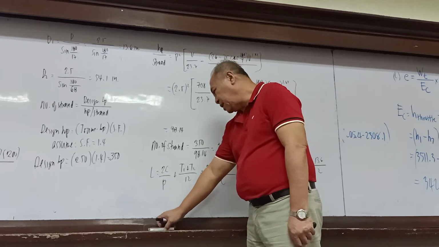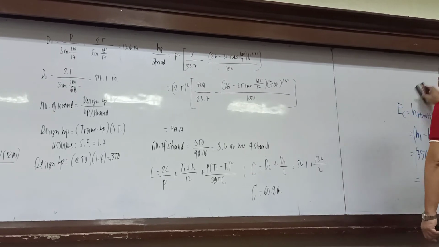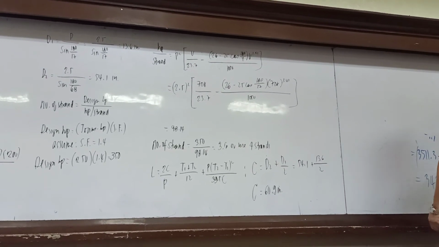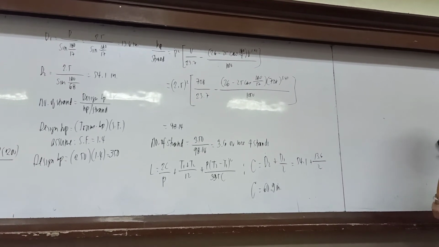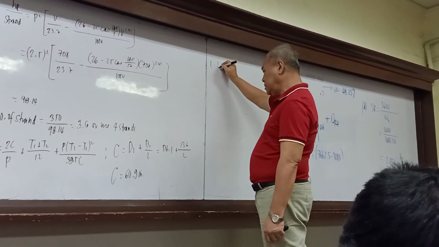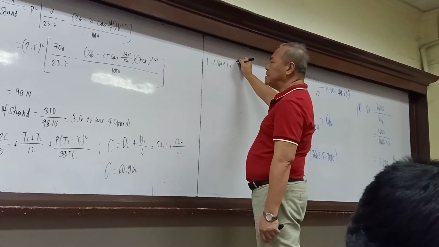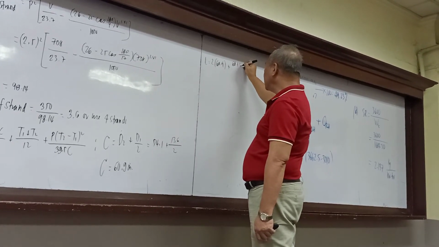Okay? So, hanapin natin yung number of links. Ilang links ang kailangan natin. So, for this particular chain drive, the length will be equivalent to 2C over P. So, 68 plus 17 all over 2.